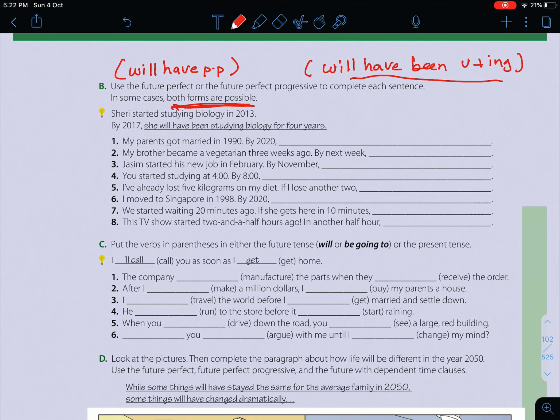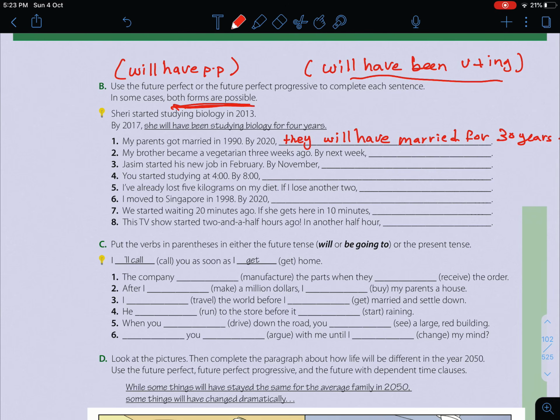Okay, now by 2000, so this has been already answered. My parents got married in 1990. By 2020, they will have married, okay, because I cannot say marrying, okay, so we'll have married for how long? 30 years.